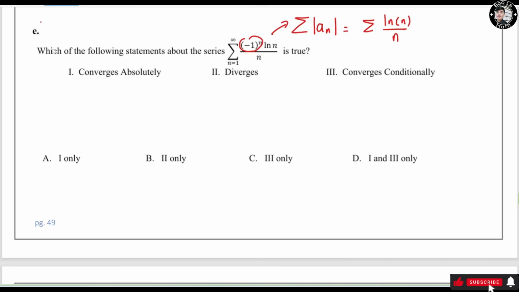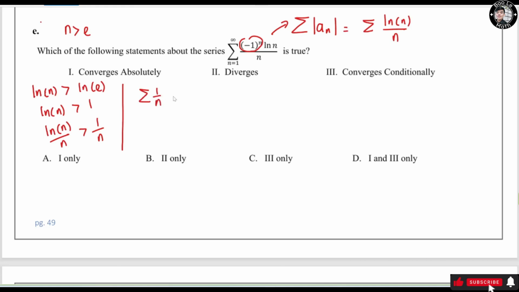So observe that if n is greater than e, then ln of n is greater than ln of e, so ln of n is greater than 1, right? Divide both sides by n. So you have ln n over n greater than 1 over n, right? We're going to use the direct comparison test. So we know that the series 1 over n diverges by the harmonic series test, right?